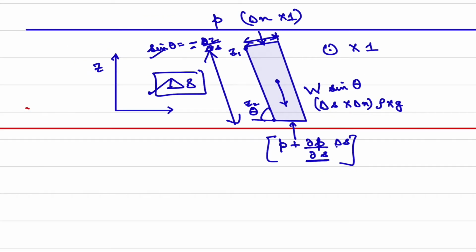Now if we look at the force that is acting on the top surface, it is given by P into del N into 1, and for the sake of simplicity we will not keep on writing this 1 again and again. This is multiplied by the area on which it is acting, so this is our total force, pressure multiplied by area.